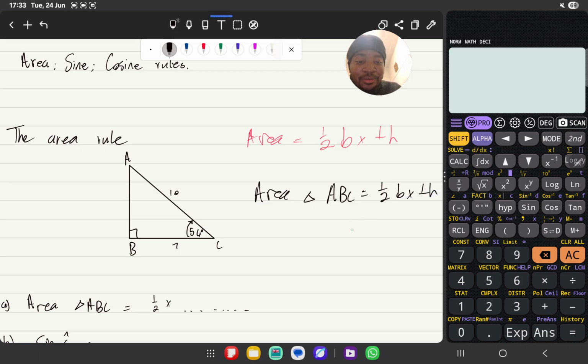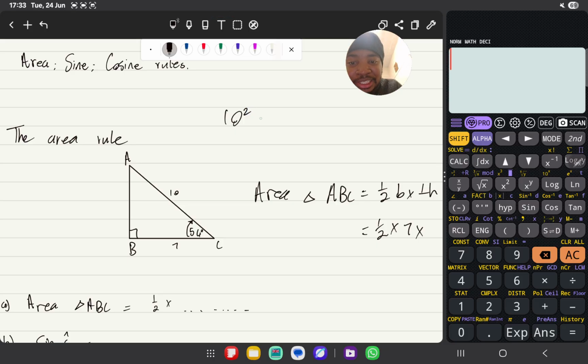My base is 7, and my perpendicular height I would have to find by the theorem of Pythagoras. It's highly doable, so we can just do it up here. I'll do it really fast, but you can do it step by step.